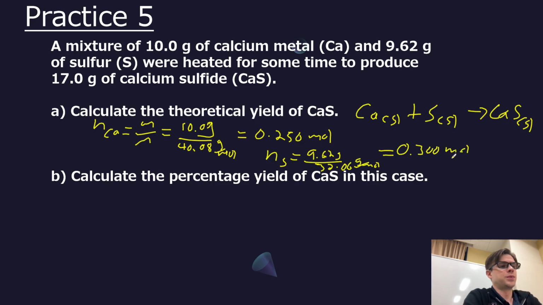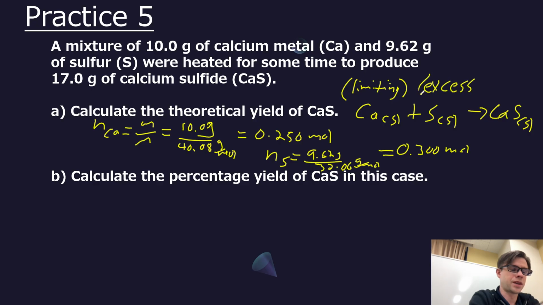So considering that everything is 1 to 1 here, I hope that you can just see, without all the calculations we've done in previous questions, that if things are 1 to 1 here, calcium is limiting. It requires the same amount. And we have more than enough sulfur. Sulfur is in excess. Okay. So we'll just focus on calcium to predict the theoretical yield. So I'll just move up to the top here.